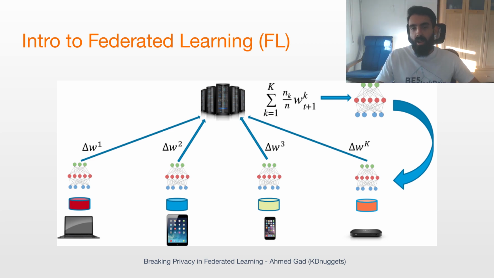Now, neither the learned parameters nor gradients are sent as they are, of course, because if you think about it, you can still reverse engineer properties of the underlying dataset from those learned parameters and gradients.